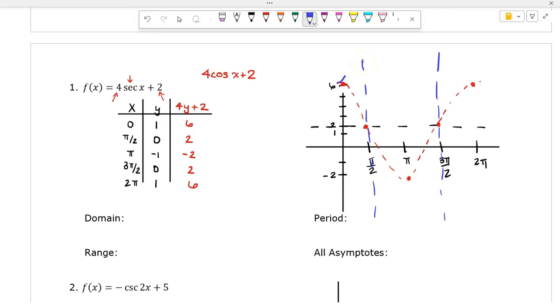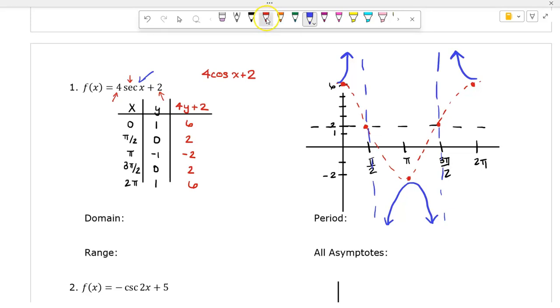So right here, it's now opening up over here. And everywhere that it was opening up, now opens down. And it would be opening up over here as well. So that's going to be the graph that I would have for secant x plus 2. The red is for cosine x plus 2, but the blue is for secant x plus 2.